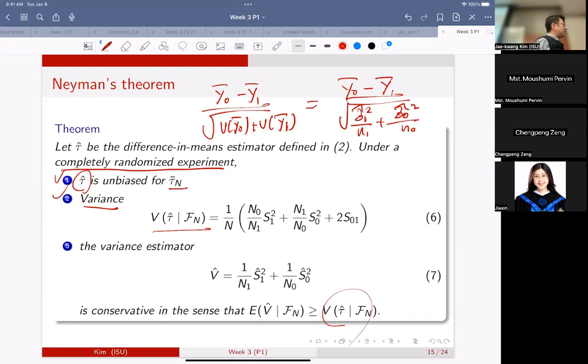A conservative variance estimator is maybe acceptable in the sense that you have a wider confidence interval, so you are more safe, right?